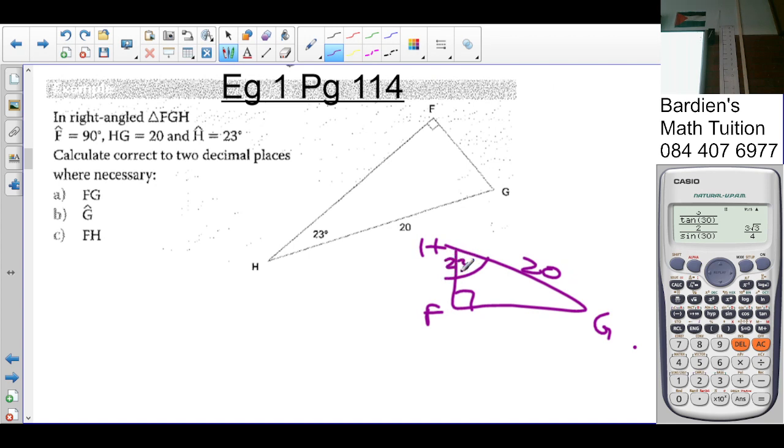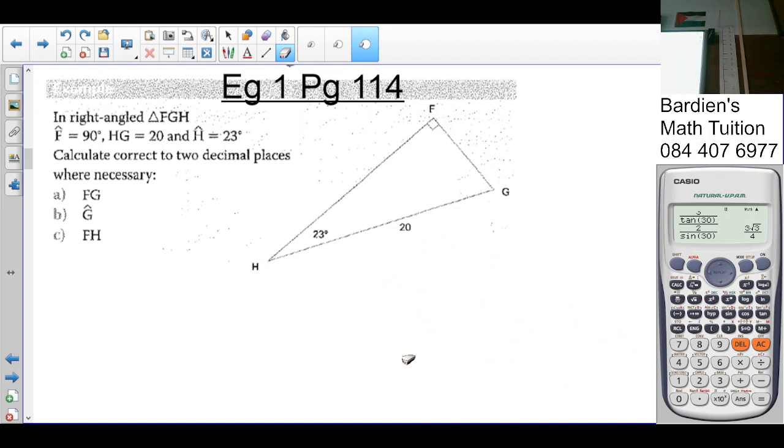But here the triangle was given to us. So we are told that angle F is 90, HG is 20, and angle H is 23.